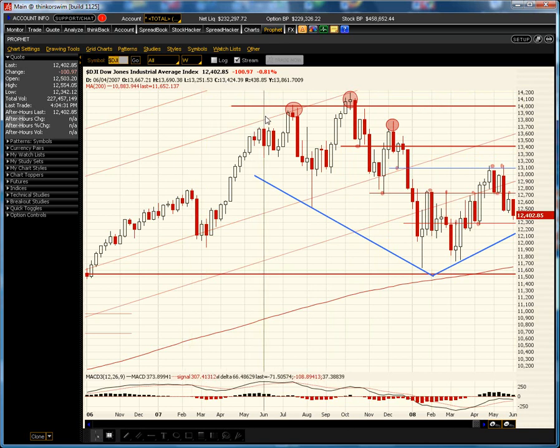We say it's significant because the first time that prices hit this 14,000 level, they sold off dramatically. If prices hit this 14,000 level and did not back off significantly, then we would not consider this to be a significant level of resistance.